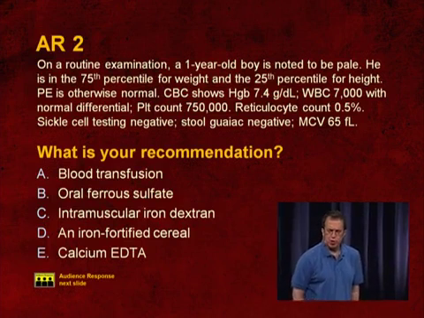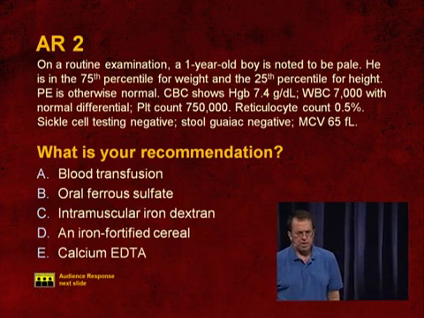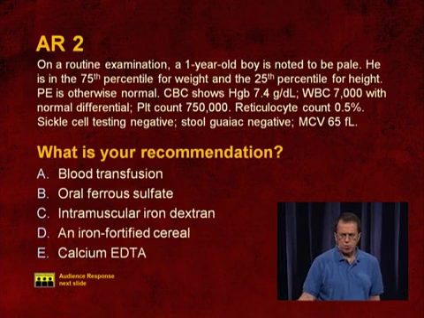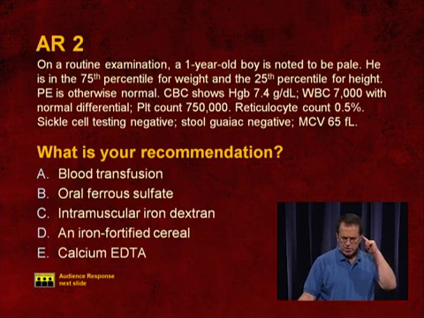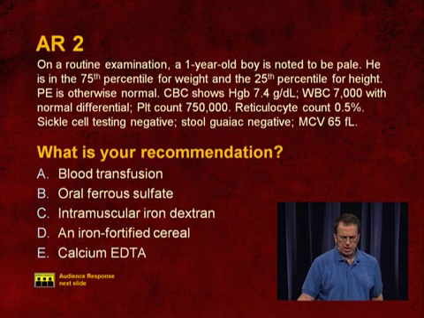Routine examination, 1-year-old boy, noted to be pale. 75th percentile for weight, 25th percentile for height. Physical exam otherwise normal. Hemoglobin 7.4, white count 7, platelet count 750,000, reticulocyte count 0.5%, sickle cell testing negative, stool guaiac negative, MCV 65.